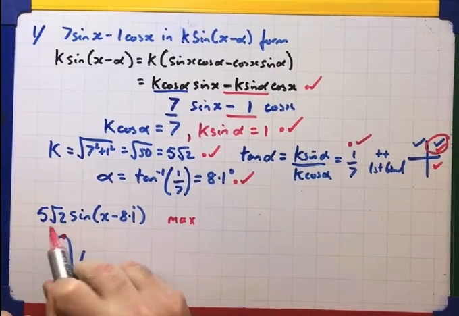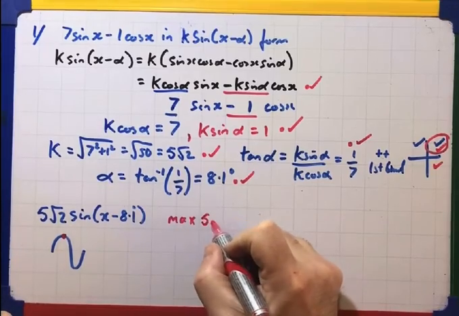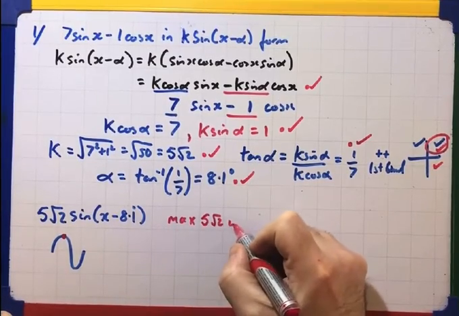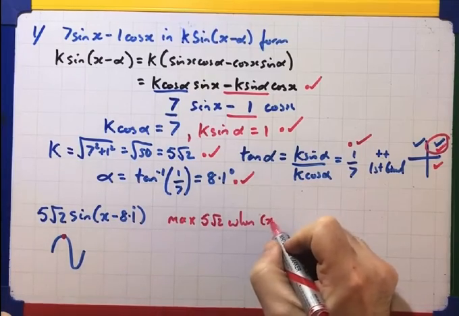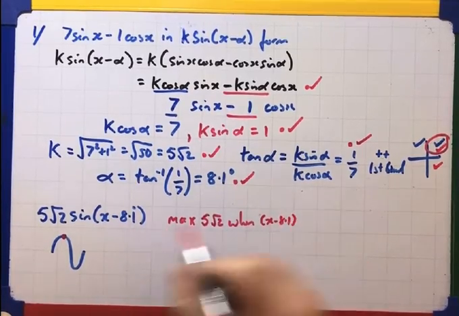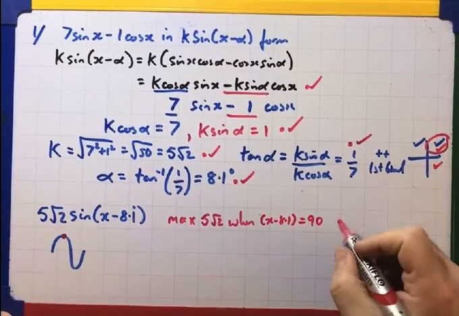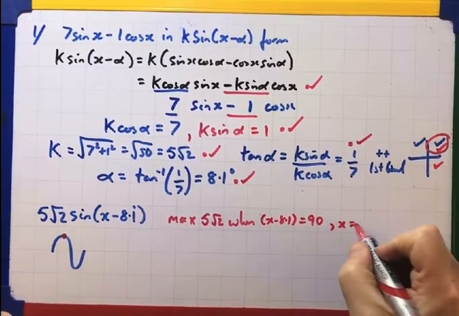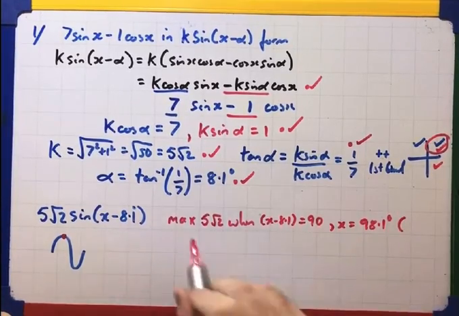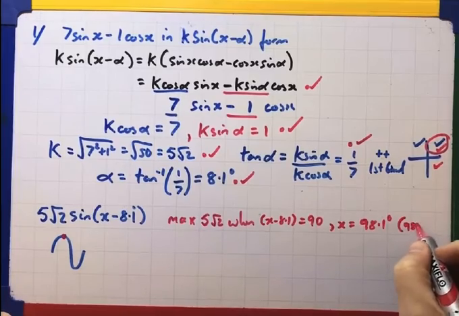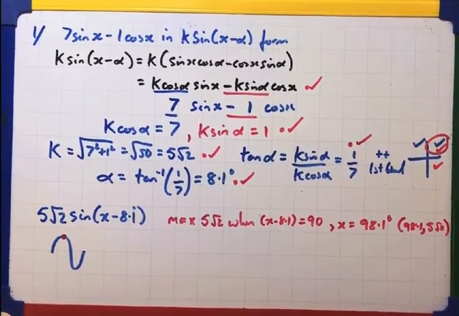Now, its amplitude is 5 root 2, isn't it? So its maximum is 5 root 2 when this thing matches with that, which is 90 degrees, yes? So that gives you x equals 98.1 degrees. So you've got a maximum of 98.1, 5 root 2. That's the maximum.